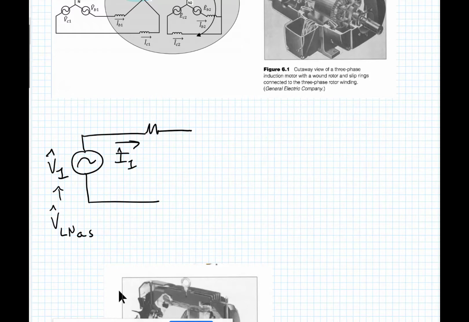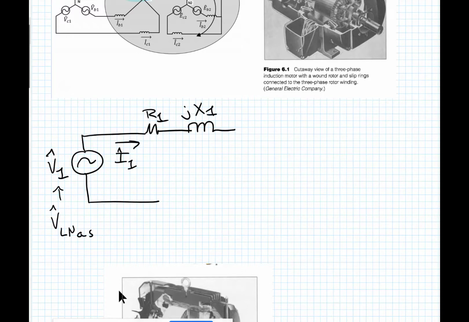We aren't going to ignore the resistances anymore. Remember with the synchronous machine, we ignored the resistance. We don't anymore. R1. We can't ignore anything, actually. Maybe we could ignore the core loss. One of the problems has core loss in it.